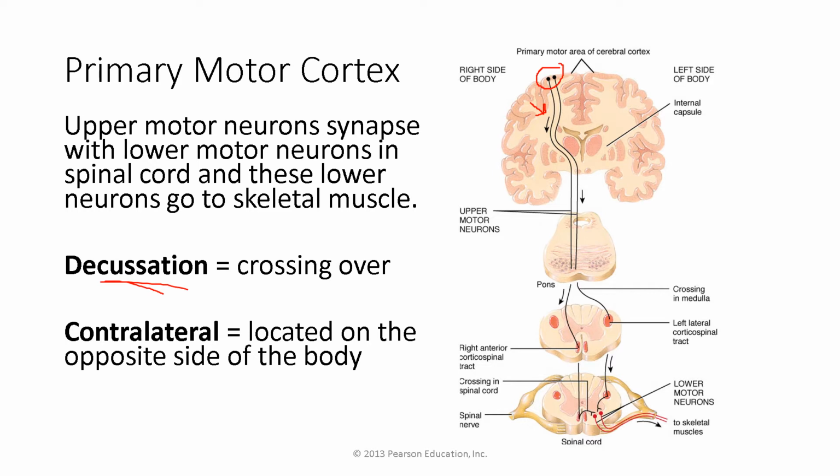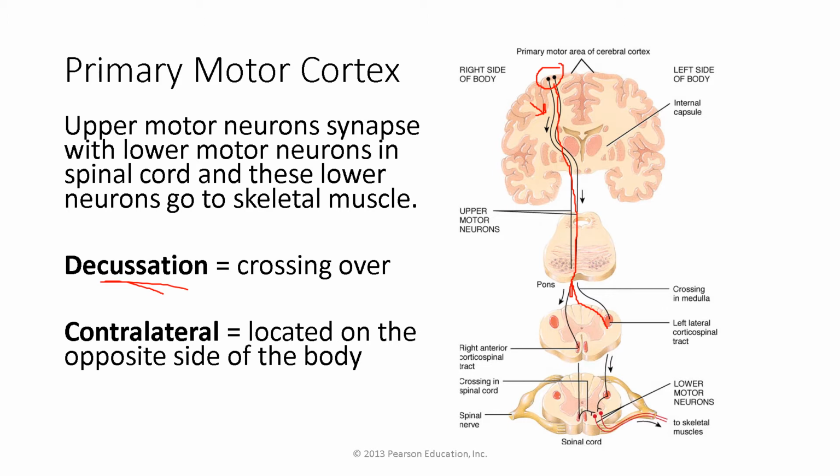So for example, you can see here, this one is on the right side of the body. It goes through the pons on the right side of the body, but right here around the medulla oblongata, it crosses over to the left side. So they continue to the opposite or contralateral side of the body.